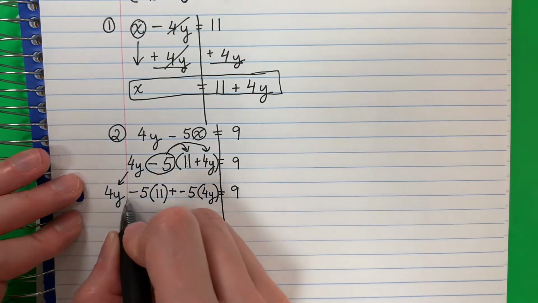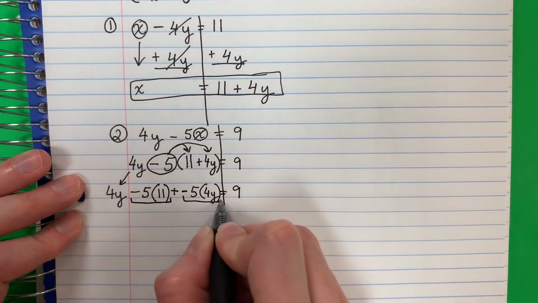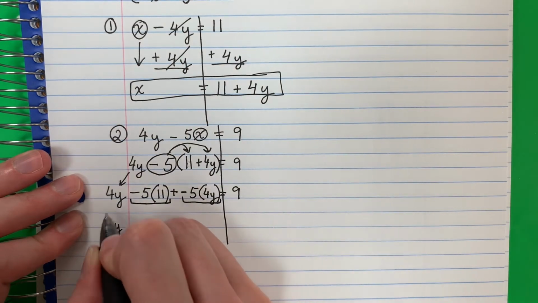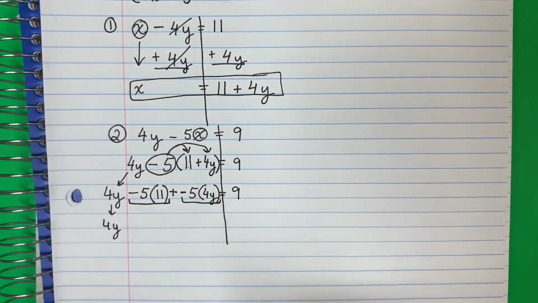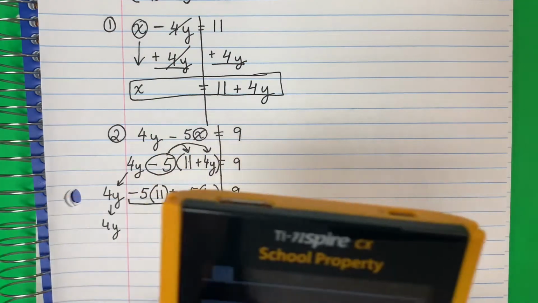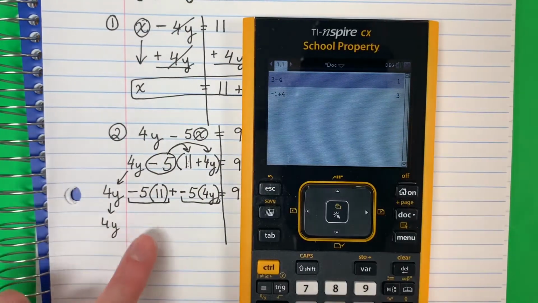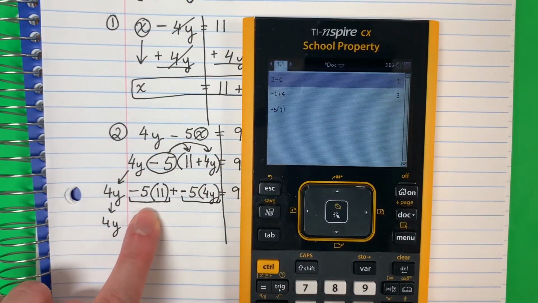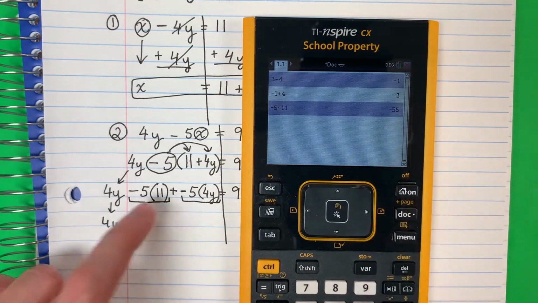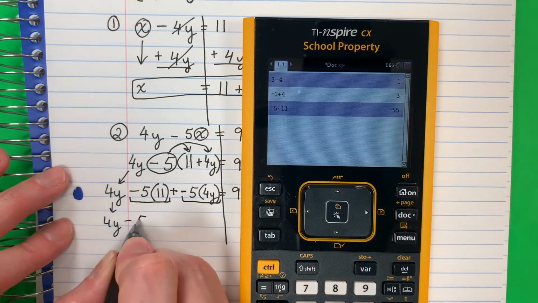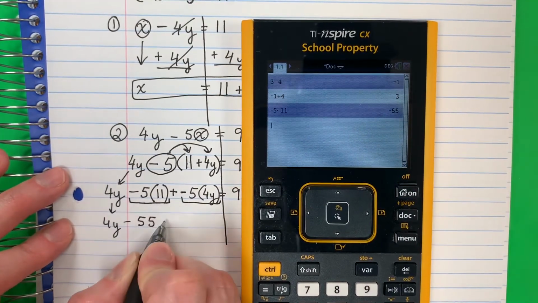Okay, paréntesis first, paréntesis primero. Copy 4y. Negative 5 times 11. Negativo 5 por 11. So negative 5, parenthesis 11, parenthesis, enter, that is negative 55. Copy plus.